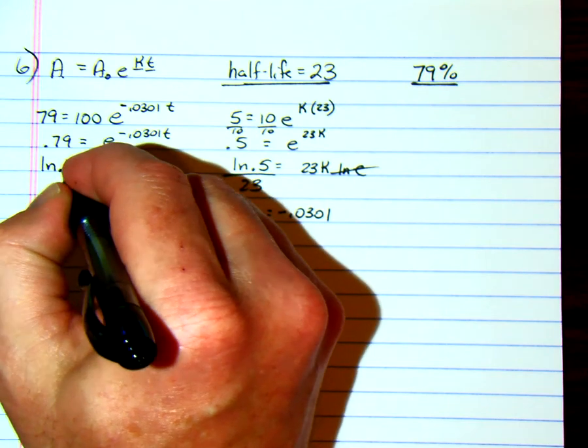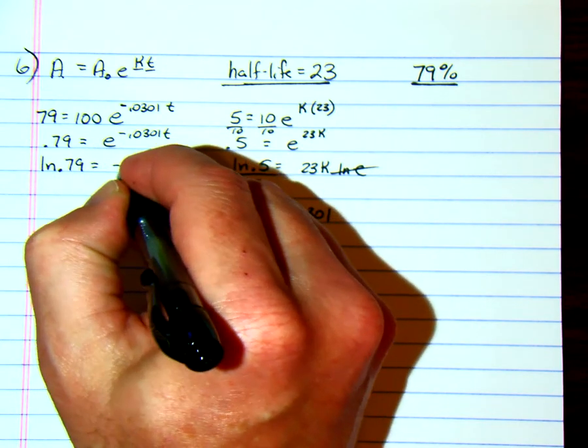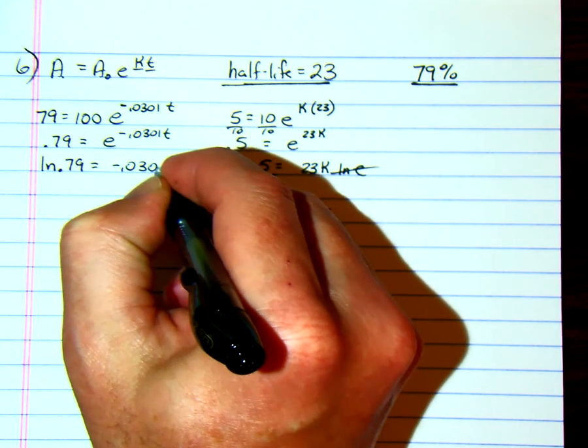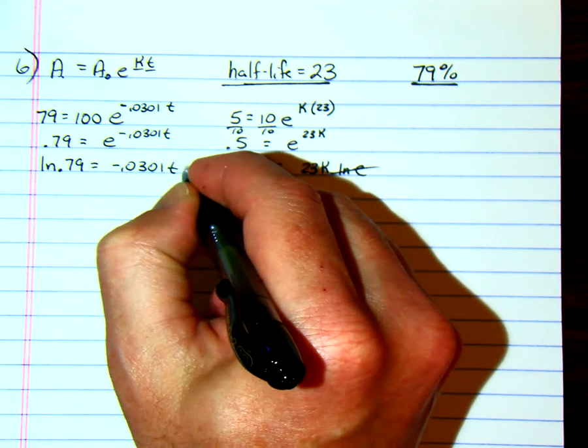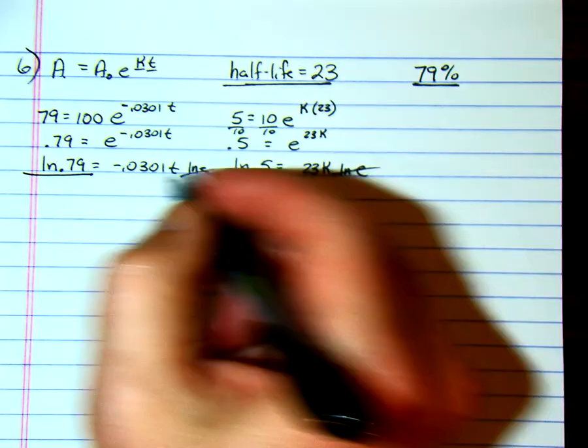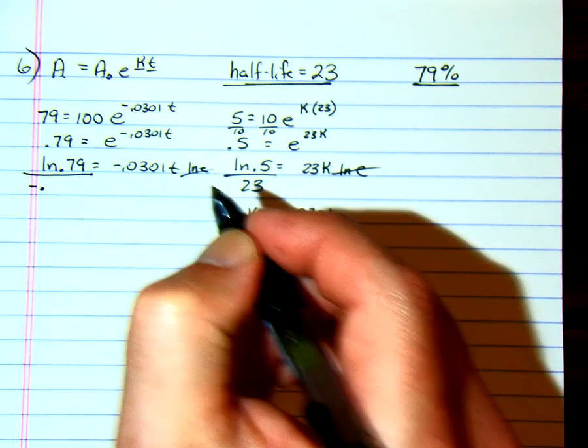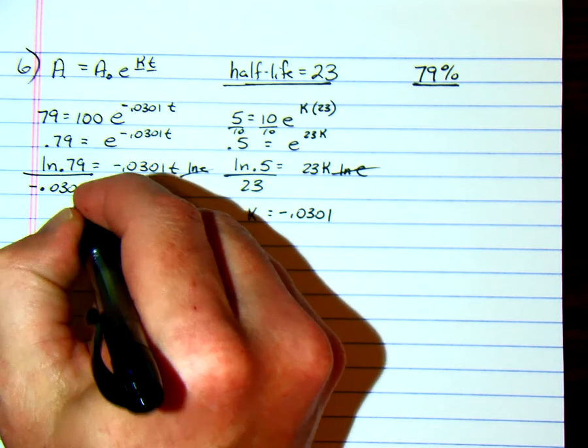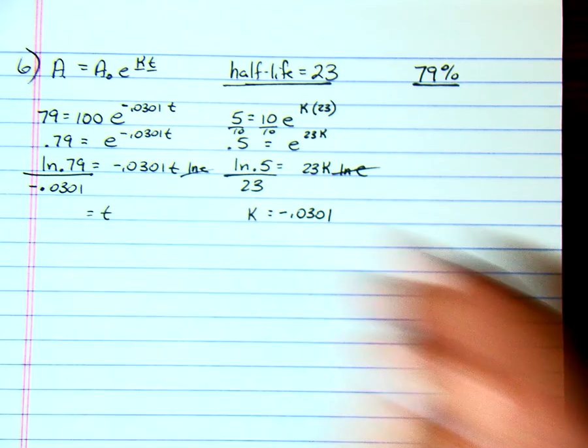We're going to natural log both sides. So this is the second verse, same as the first. Nothing here changed. We're just going to roll through with a different variable. So my natural log of e disappears. I'm going to divide over this negative 0.0301, and we're going to have an answer.